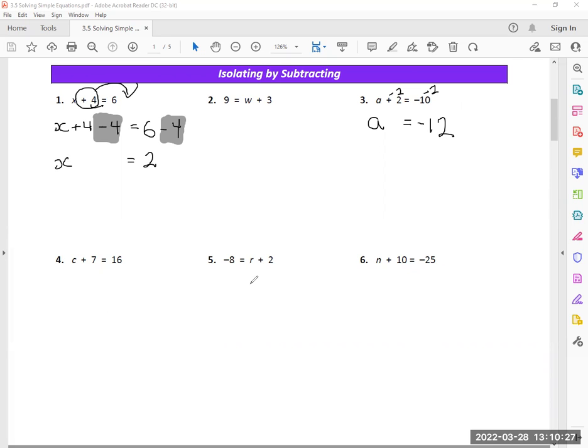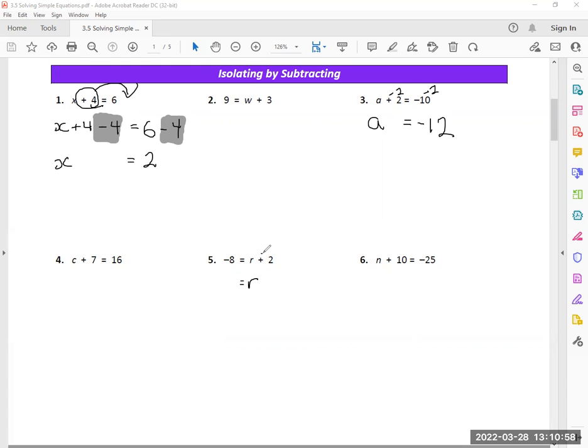Number 5. This time the variable is on the right side, but that doesn't mean I change my thought process. I still want to get R all alone. How do I get rid of plus 2? What's the opposite of a plus? Yeah, that's it.